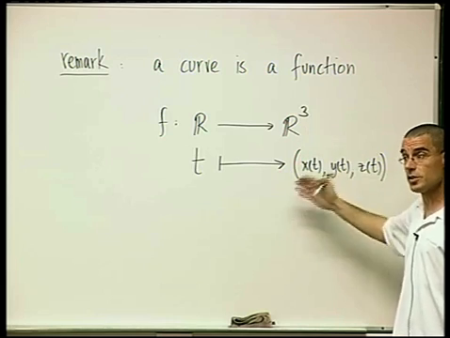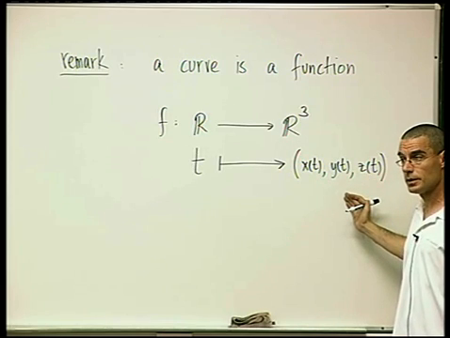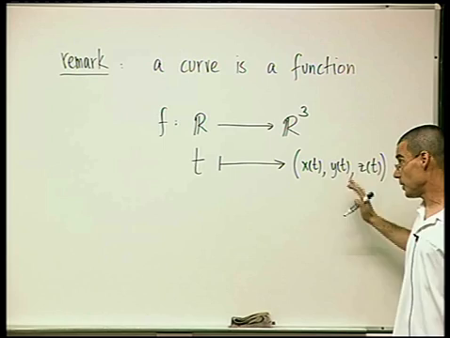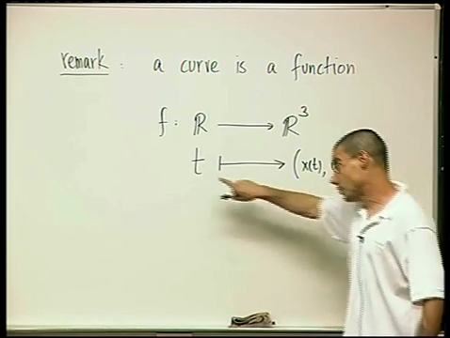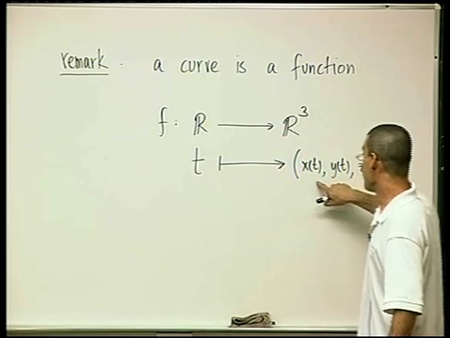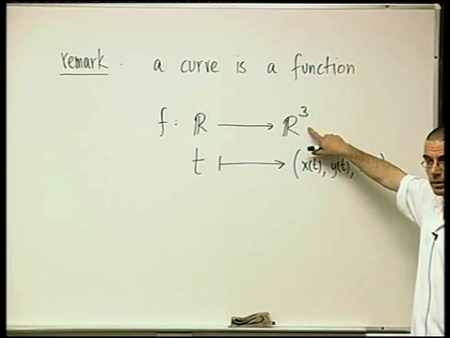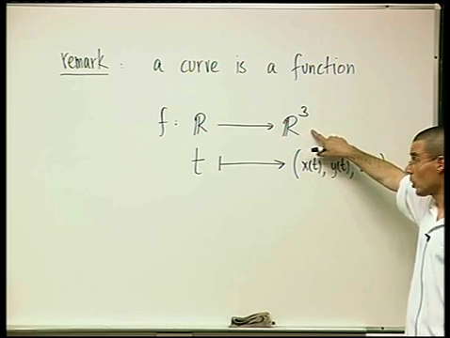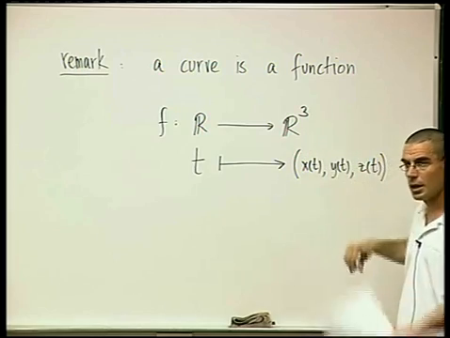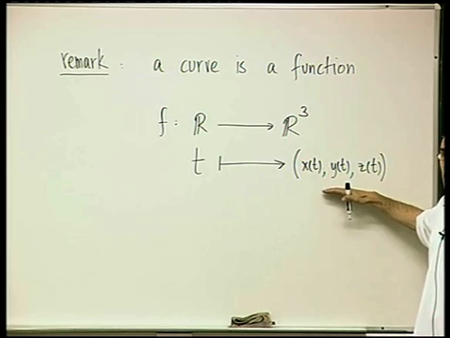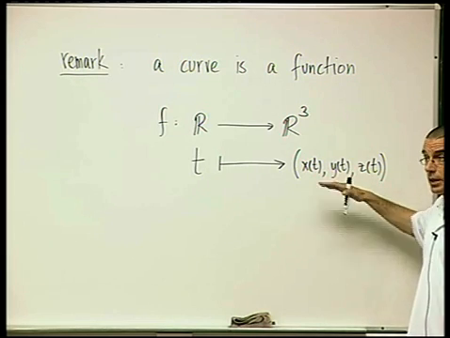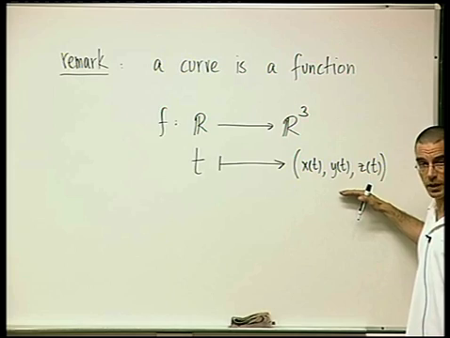Do you see that this is a function? Clear? So it's a very different function. This is no longer a Calc 1 function, because the domain is still R, but the range is now R3. Okay, so curves are our first encounter with functions whose range is not just R. Clear? Do you see that? Do you understand what I'm saying?